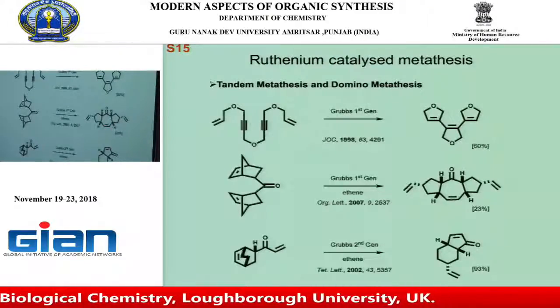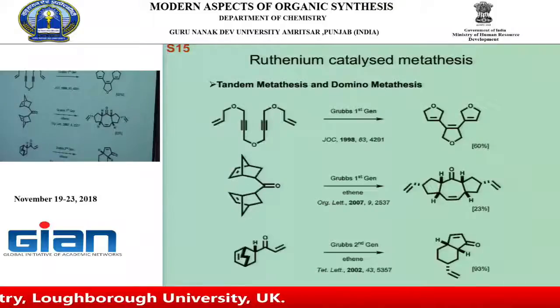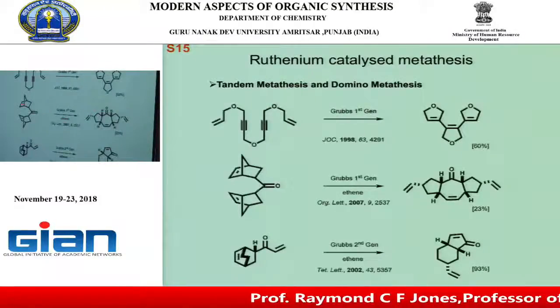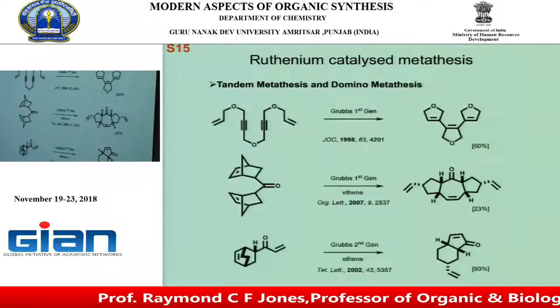And then that carbon and that carbon that are further out are ending up as vinyl groups. So that's a cross metathesis with ethene.